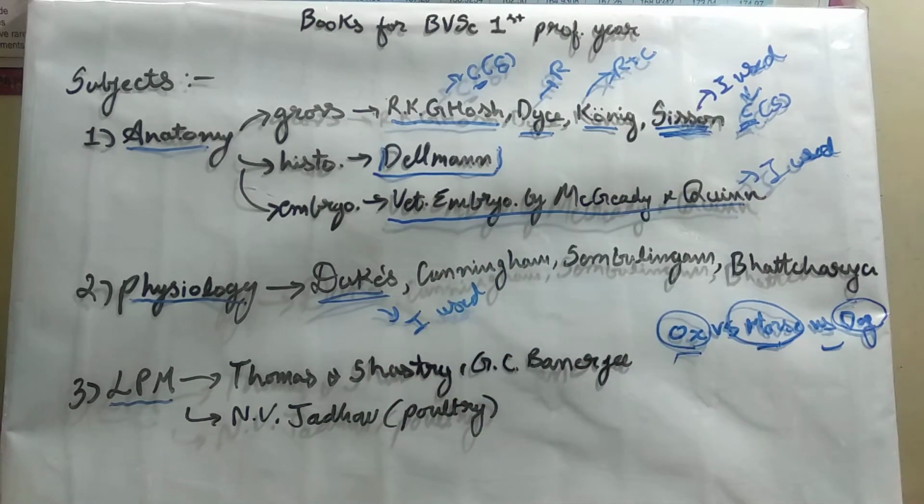Again, I don't have a physical copy of Dukes' Physiology, but it is a really nice book. You will love it. Other books are Clinical Veterinary Physiology by Cunningham, and then there's also Sembulingam, Essentials of Medical Physiology by K. Sembulingam and Prema Sembulingam.